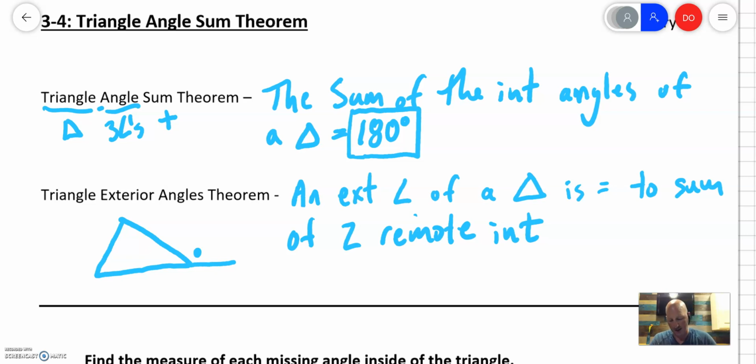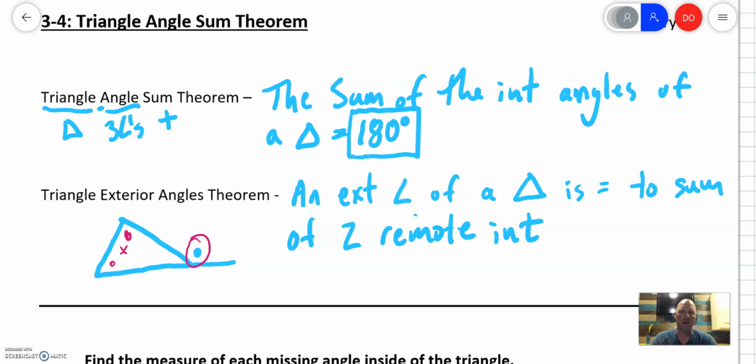And the total of that angle is equal to the sum of the two remote interior angles. Remote, thinking like remote control for a TV. You're standing away from your TV to use it. Kind of the same thing. The angles are away from the exterior angle. If you add those two interior angles together, you get the exterior angle.